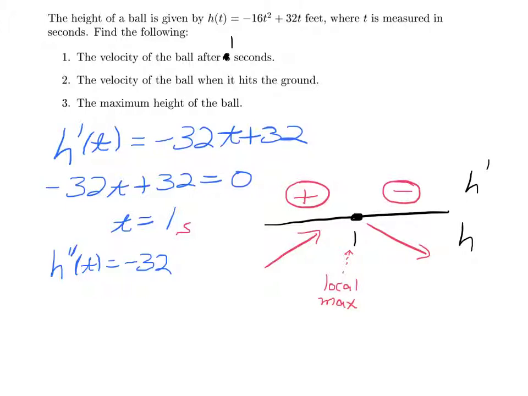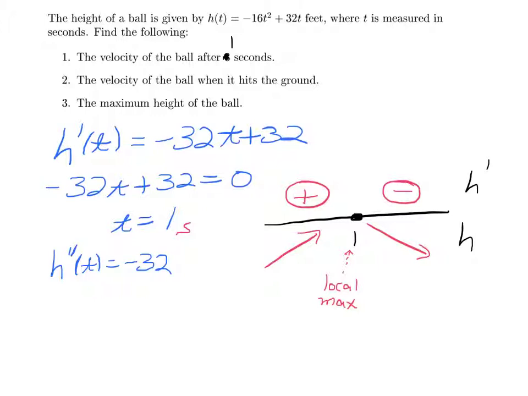And so it's increasing to the left of 1. If I pick a test point to the right of 1, I see that it's decreasing. If a function is increasing, then decreasing, that means we have a local max at 1. It would actually have been simpler to just use the second derivative test.